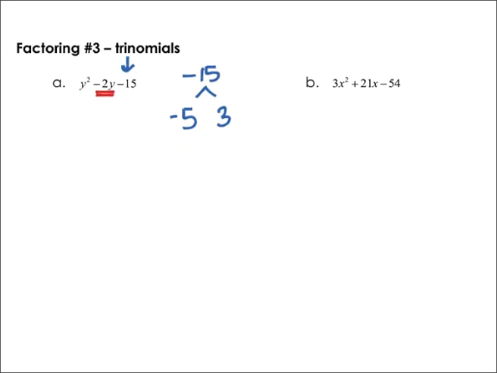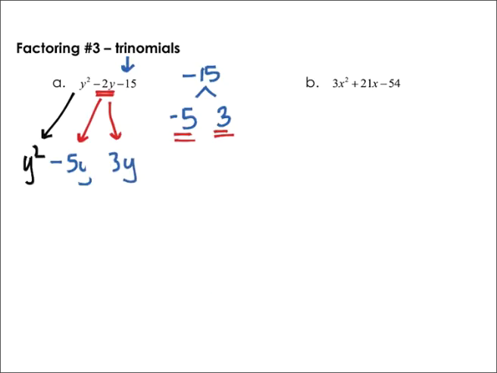Alright, now I'm going to do something kind of weird here. I am going to write y squared, so there's just that y squared. Instead of writing minus 2y, I am going to write it as a combination of negative 5 and 3. So I'm going to write minus 5y plus 3y.